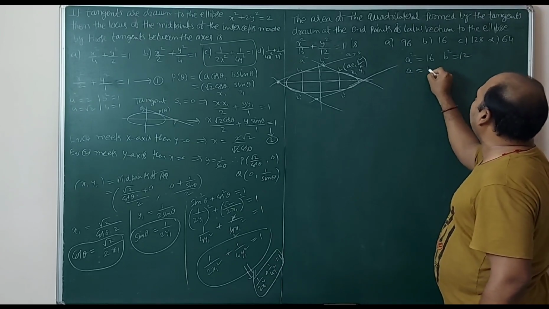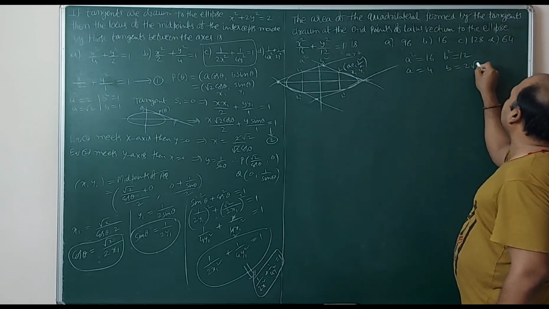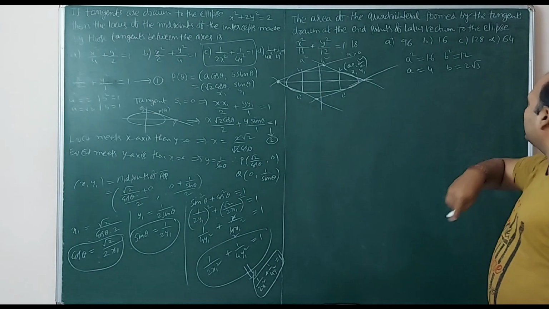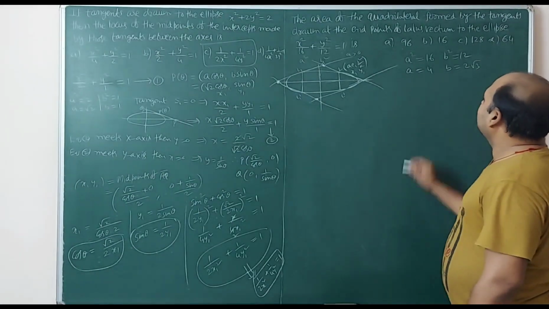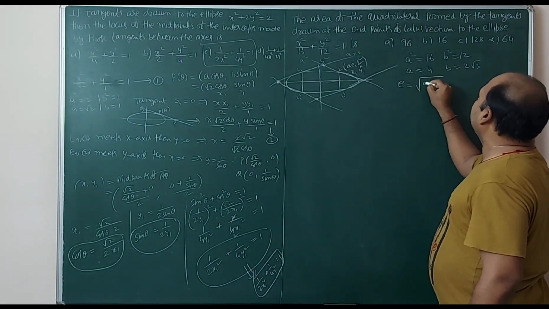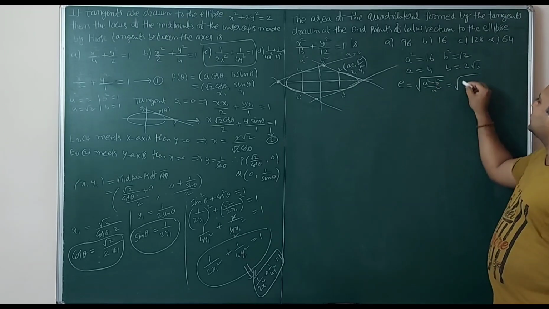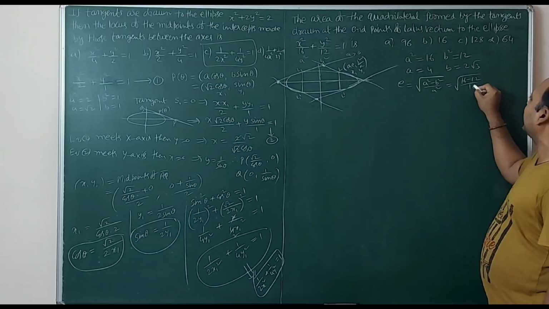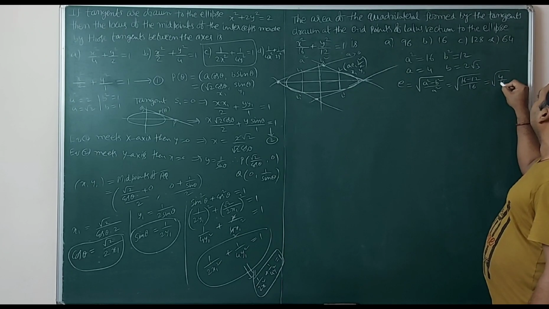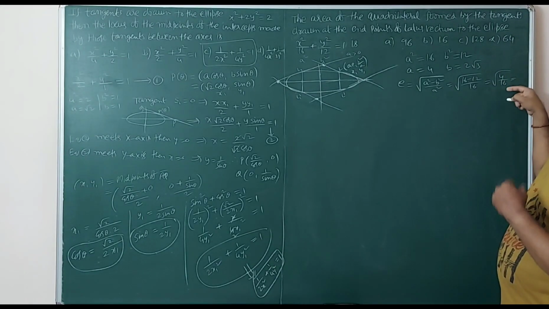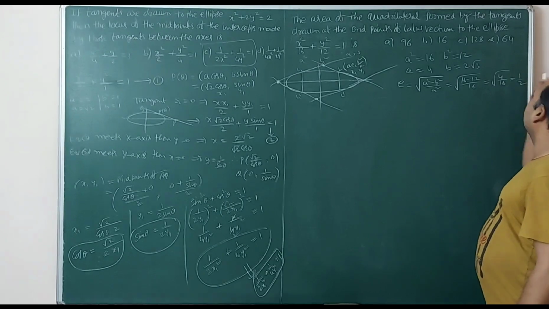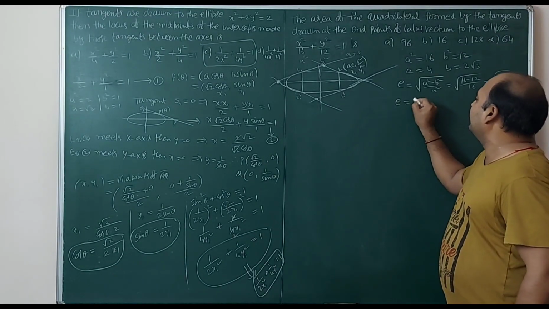So a is equal to 4, b is equal to 2 root 3, since root 12 is root of 4 into 3, and 2 we can take outside. So the eccentricity e is equal to root over (a square minus b square) by a square, so root over (16 minus 12) divided by 16, so root of 4 by 16, which is 1 by root 4, that is 1 by 2. So the e value is 1 by 2.